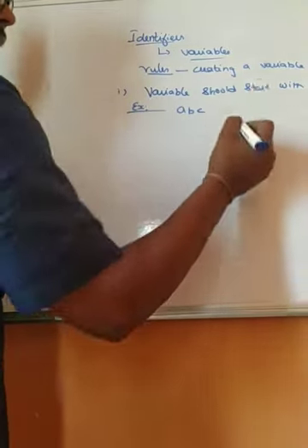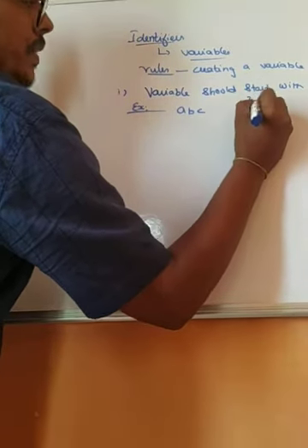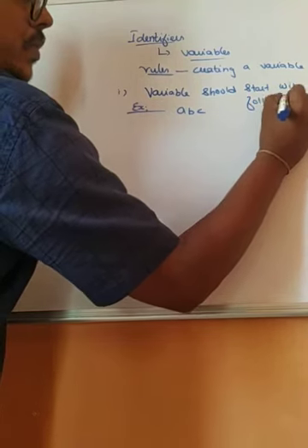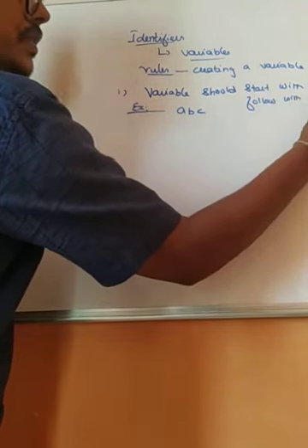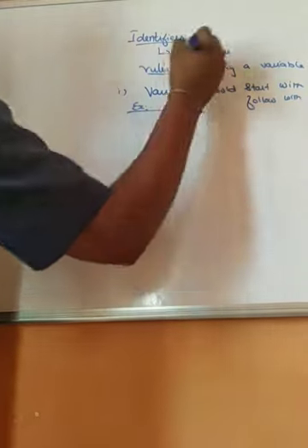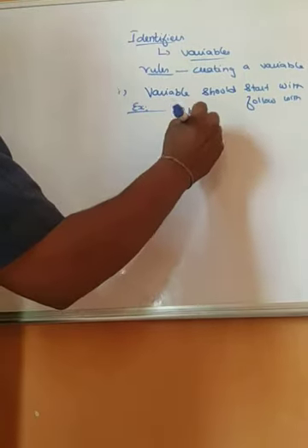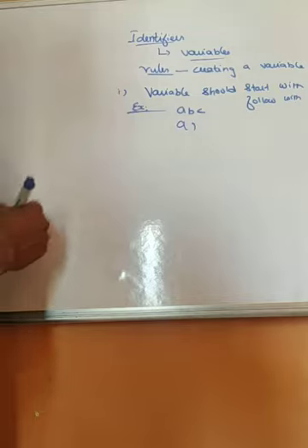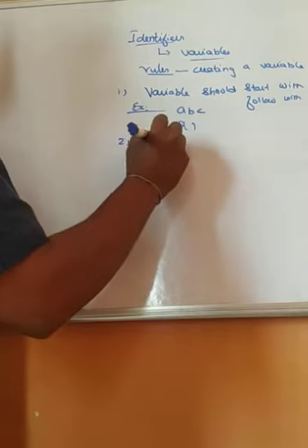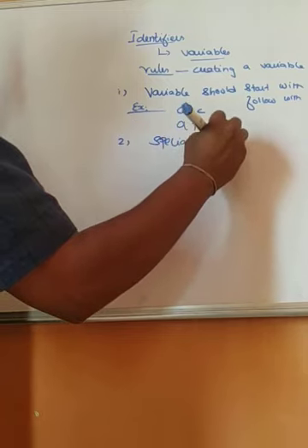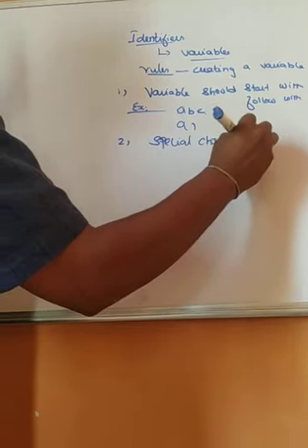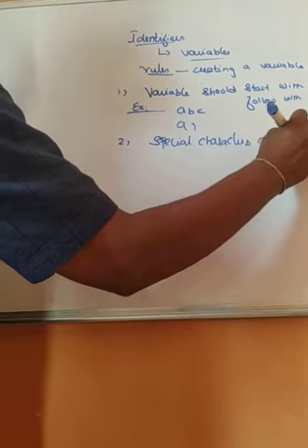A variable should start with a character and can be followed by numbers. This is a valid way of declaring a variable, for example A1. The second rule is that special characters are not allowed.